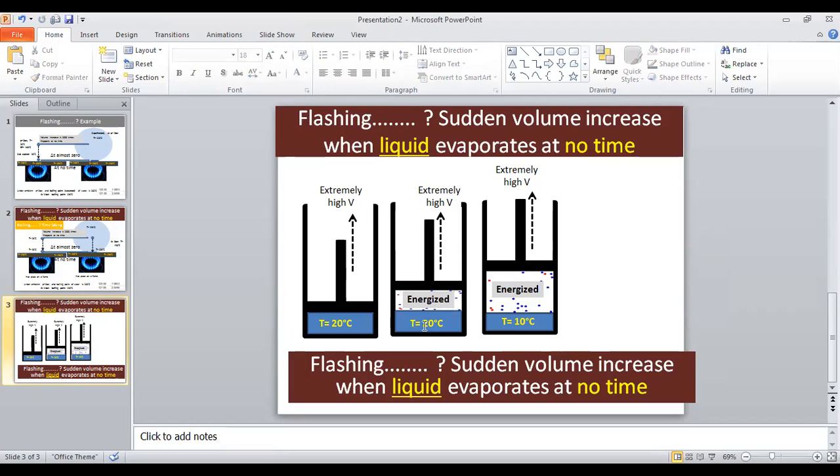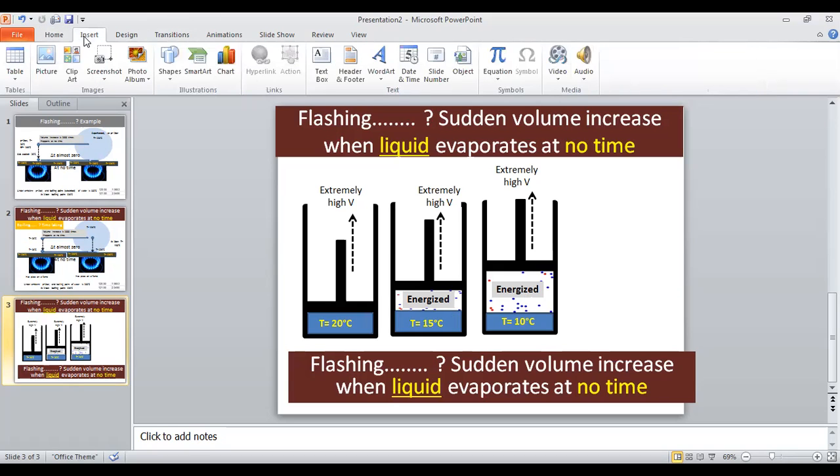Let's say here this drops to 50, instead of 20, I put 50. Because of this energizing of the molecules formerly in the liquid phase, where is the energy received from?